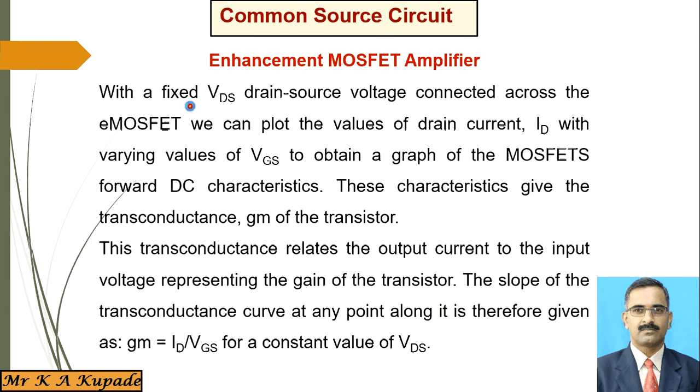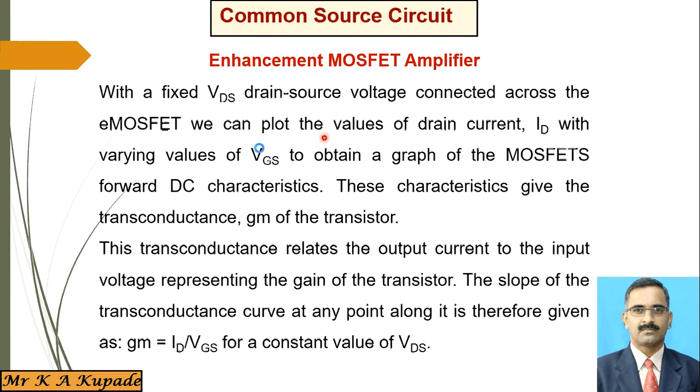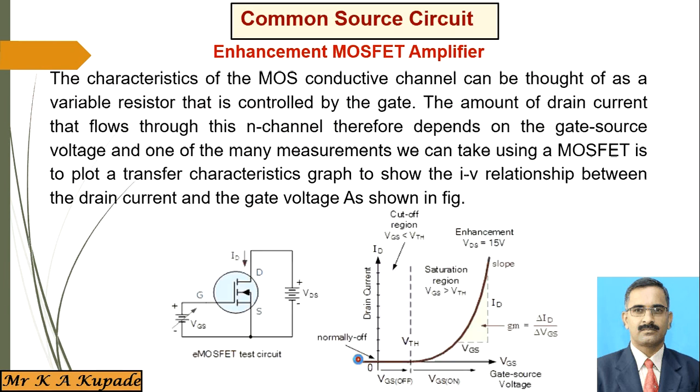Now here, with a fixed VDS, this VDS is kept at some fixed amount, which is connected as the drain to source voltage in the MOSFET. Now the drain current ID is measured with varying values of VGS to obtain the graph of the MOSFET forward DC characteristics.